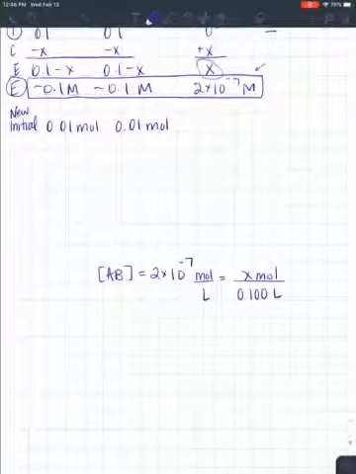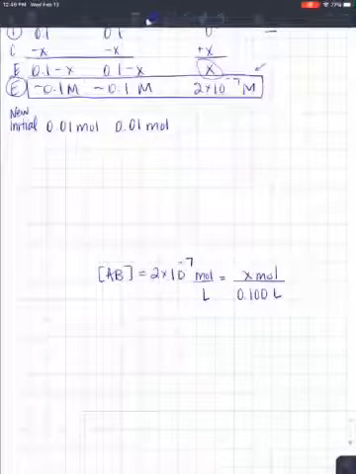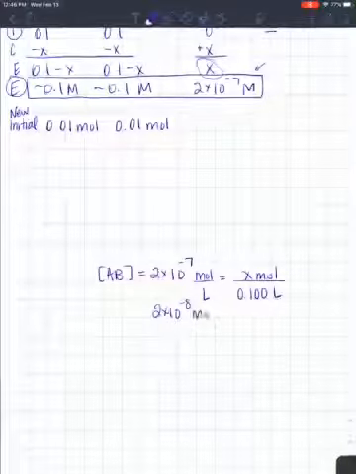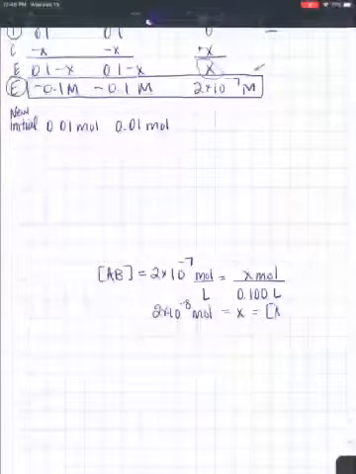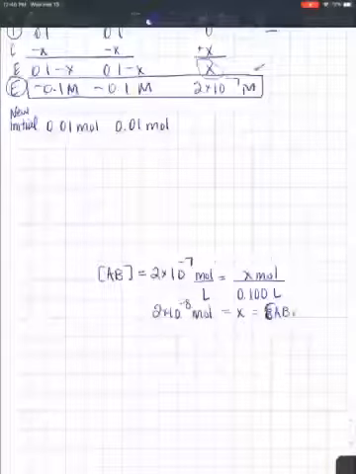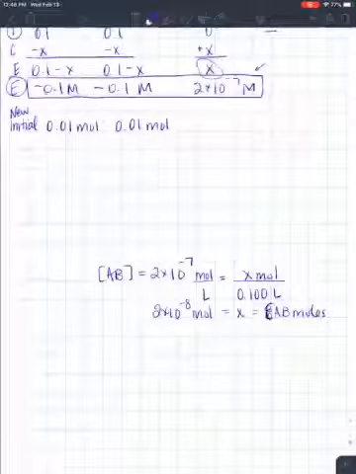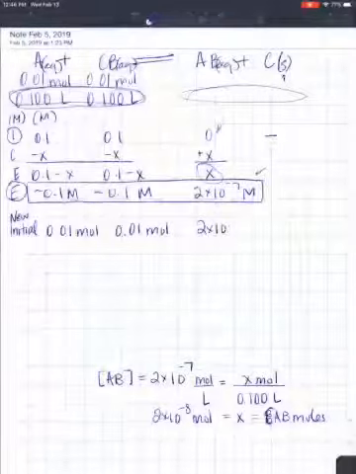So I can do that math, and I can get a new value for my moles. That's what my X is equal to, and that's going to be, whoops, not concentration, that's going to be moles of AB. So I'm going to go back up here, and I'm going to put that in here.